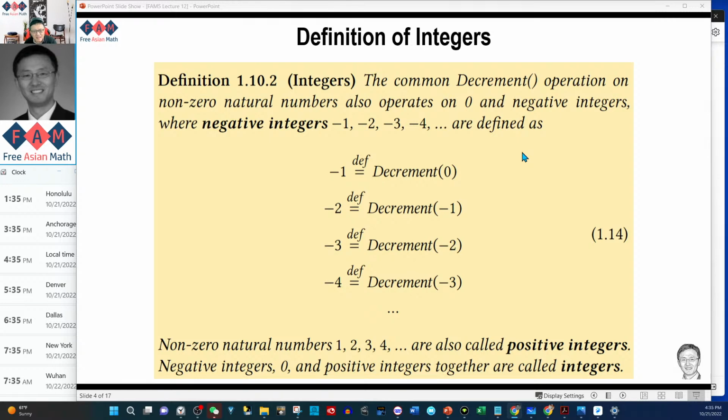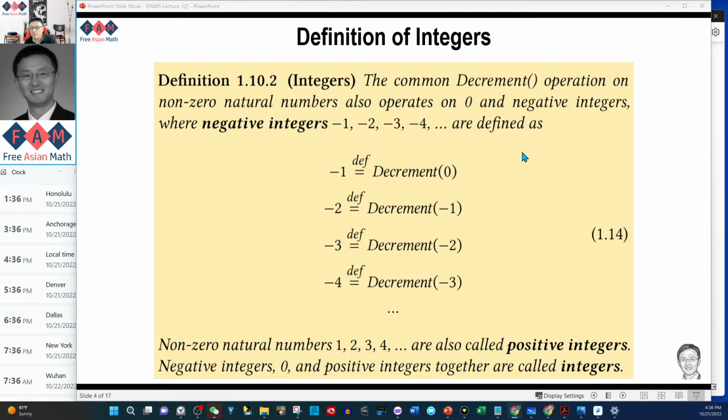But the gist here is that this capital decrement is a common operation on all integers, whether it's a positive integer or negative integers. Why? Because we already said that for positive integers, this capital D is the same as little case decrement, which is a common operation because decrement is just the inverse of the increment.